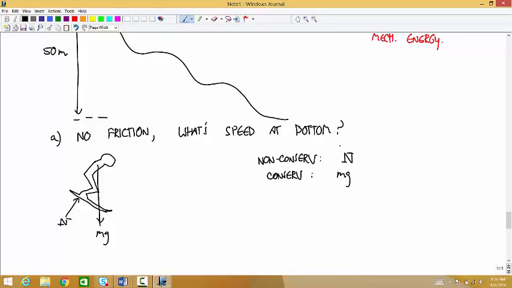The examples I gave were normal force and centripetal forces in circular motion. So even though this is non-zero, it doesn't do any work. So we're happy.